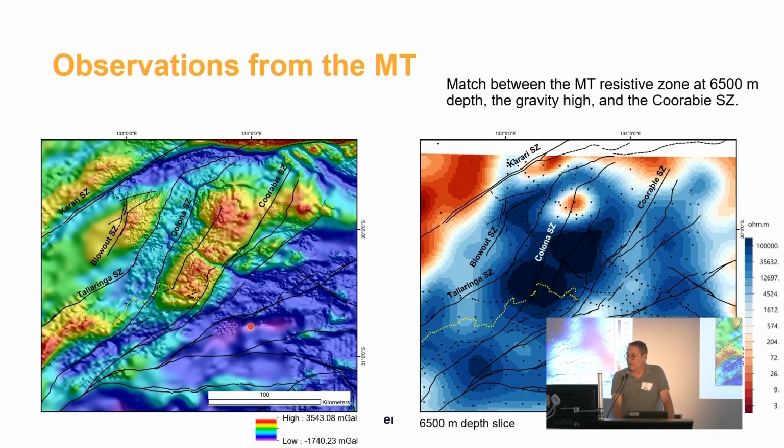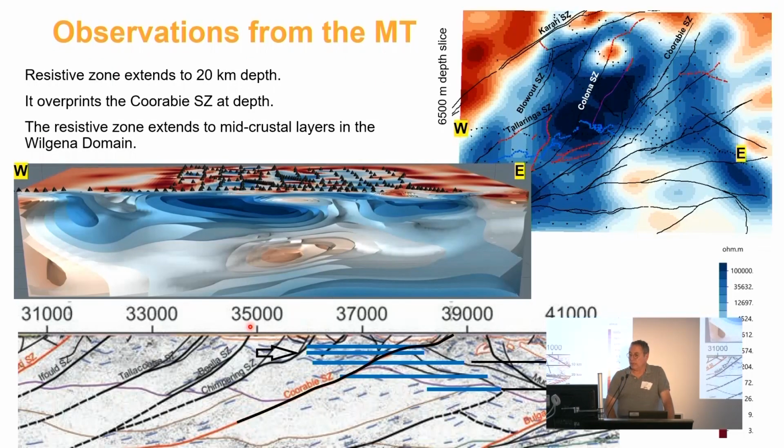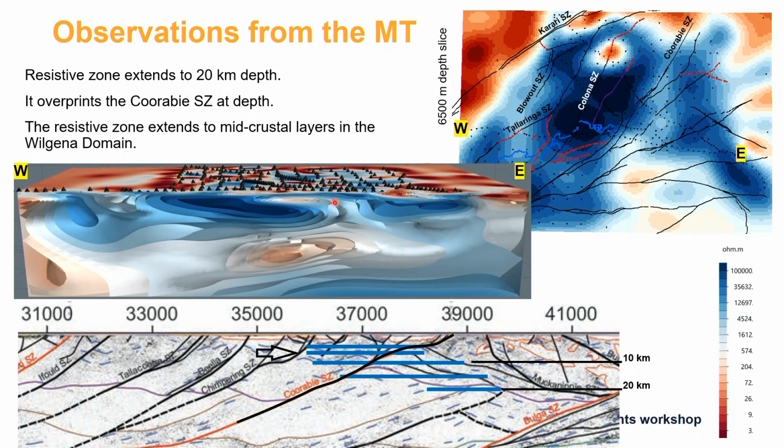So you've got this fit at the surface, but when you look in 3D, it's quite different. This is that resistive zone that Stefan mentioned just then. You can see, if anything, it's getting deeper towards the east. And if it was related to these structures, you'd expect to see the opposite relationship, where it would be related to the Kurubi.